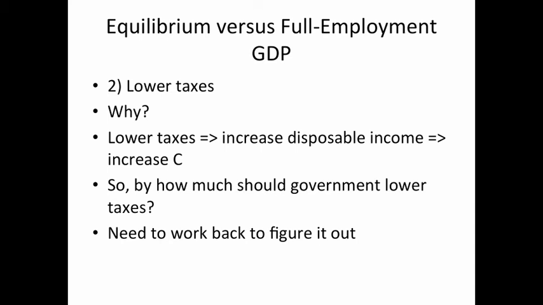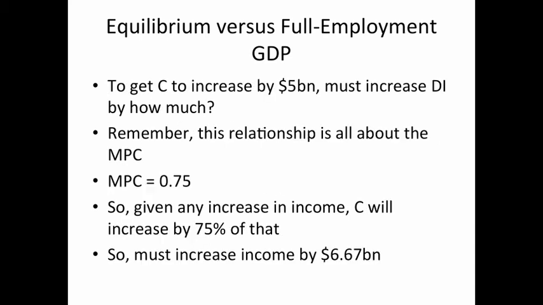If we accept that progression, the big question is, how much do I have to lower taxes by? If I want consumer spending to rise by $5 billion, how much do I need to decrease taxes by? Well, in this case we need to work backwards to calculate this.